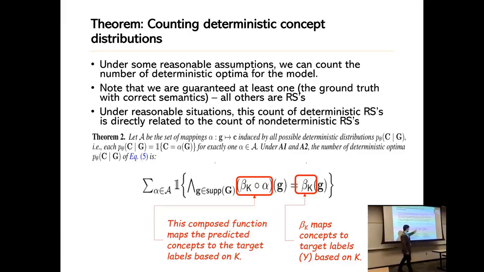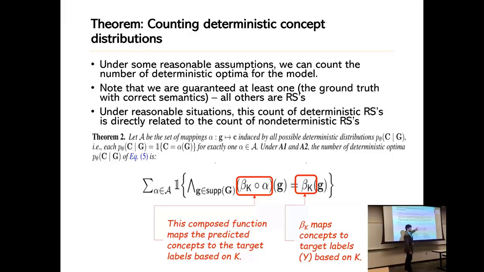Essentially all we care about here is that both these functions are returning the ground truth concepts, the Y. This is mapping the concept to there, and this is mapping the predicted concept to the final. When they're equivalent, we're going to include them in our count. If the concepts are the same, that means you have a correct solution. If they're different, that is the reasoning shortcut.